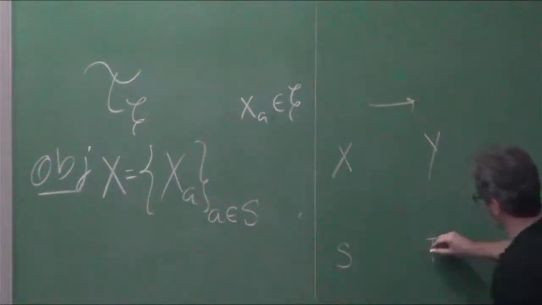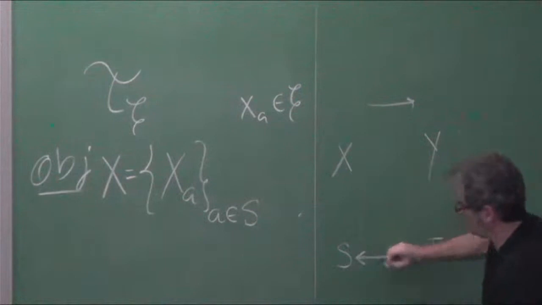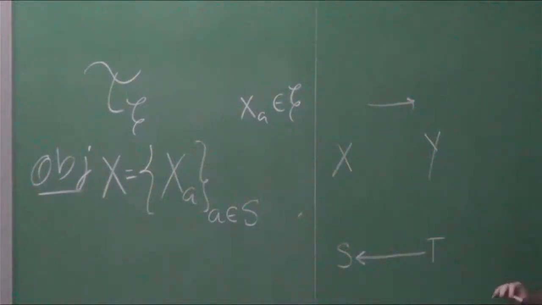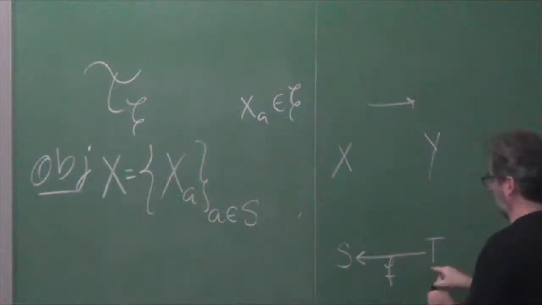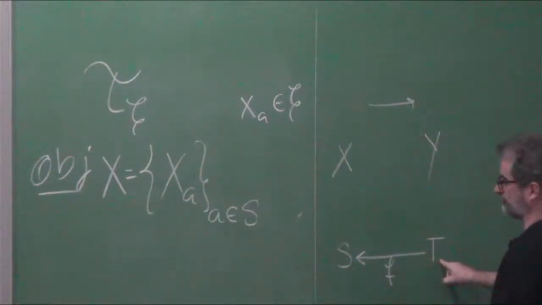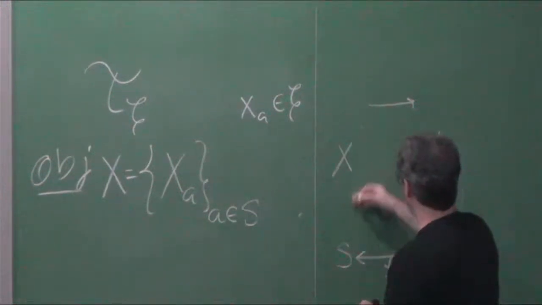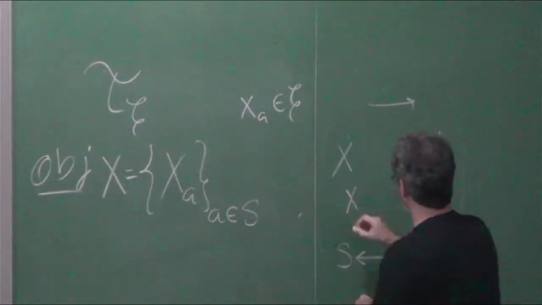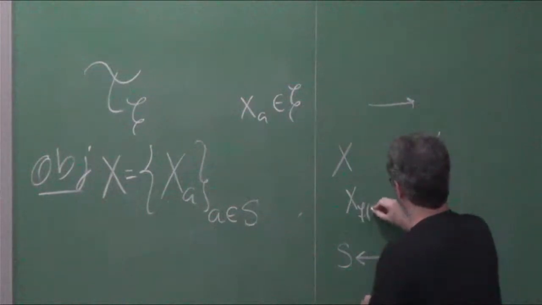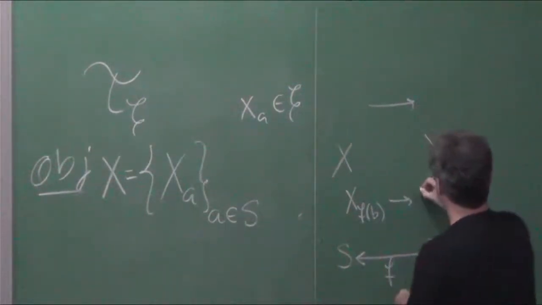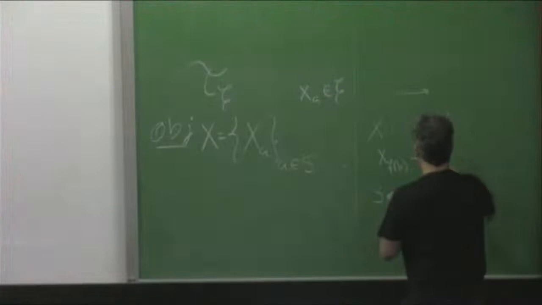What you do is take a map the other way, so it's a sort of pullback. This map is F, and for each B in T, you have a map from X_{F(B)} to Y_B.